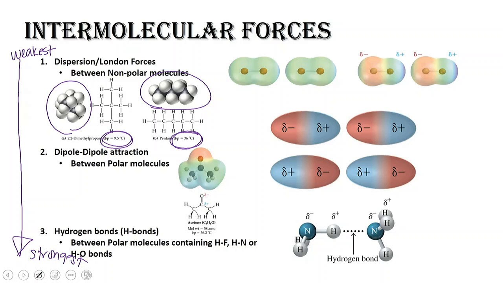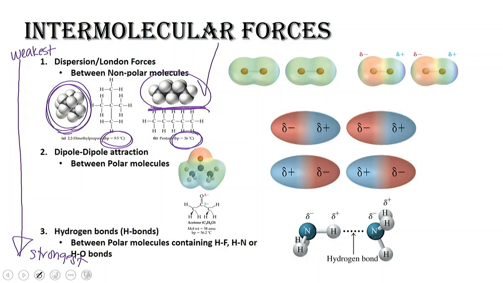So molecules that have high surface area, like pentane, will have more dispersion forces than something that has low surface area, like this 2,2-dimethylpropane. All right? So which one of these would have the stronger dispersion forces? The pentane, because it has larger surface area.